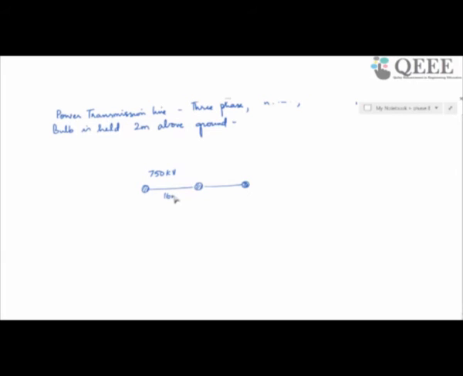And this length is 16 meter. This diameter is what is given as 0.6 meter, and this whole thing is at a height of 12 meter. My tube light is here.